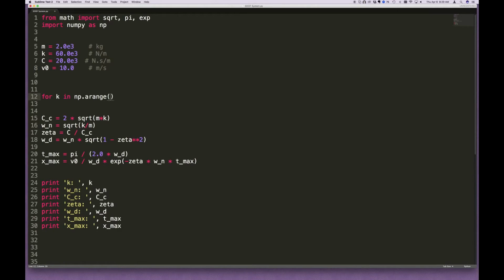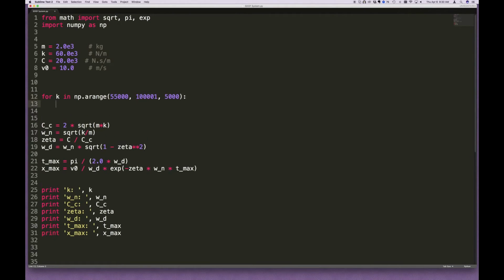Arange, and we want to go from, say, let's just make it 55,000 to 100,001. Why? Just because I'd like to include 100,000, and with the range function, this is not inclusive.